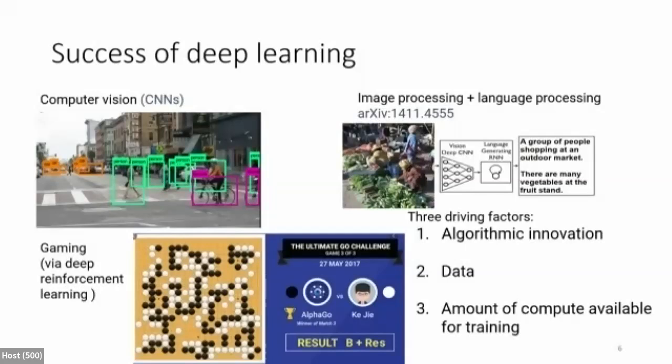We are collecting more and more data, and also the computer platforms have become better and faster. Some of the hardware accelerators like GPUs contribute to the speed of training and inference in deep and machine learning.